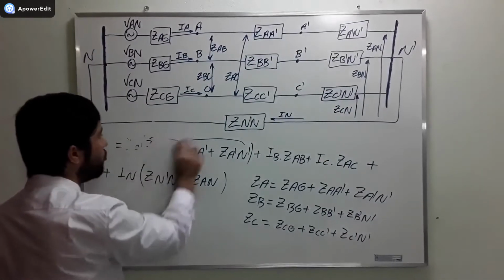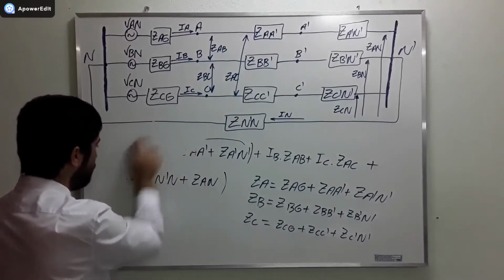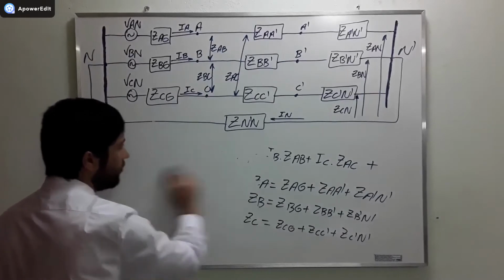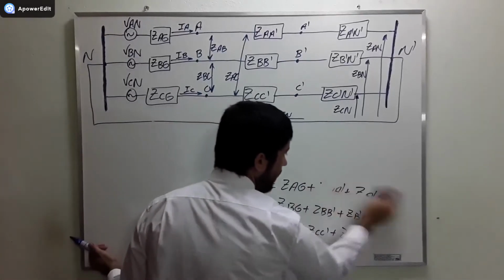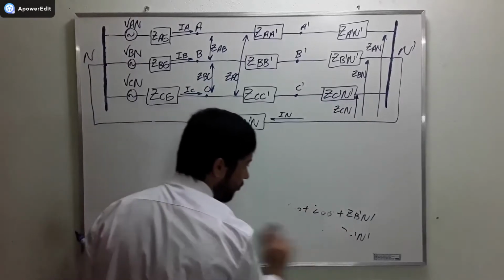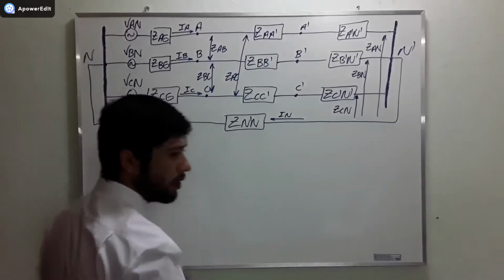I invite you to try it at home and to see if you arrive at the same results that I am arriving at. Let's see if we speak the same language. Let's see if we find the same results. Okay?